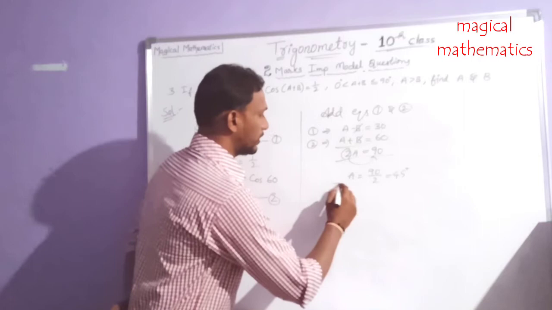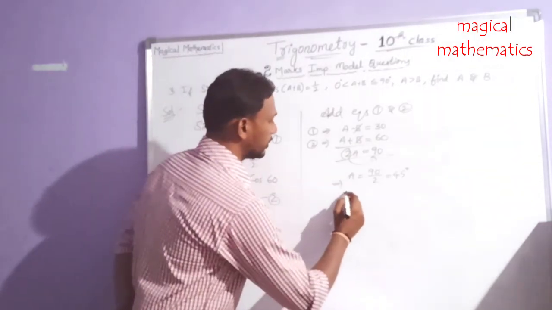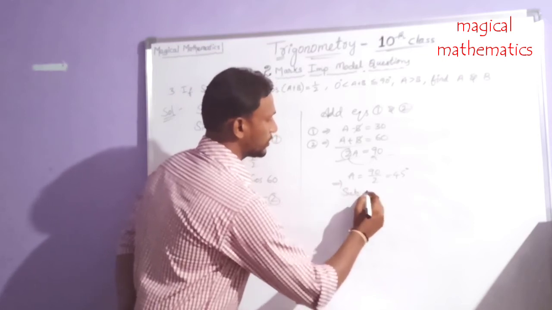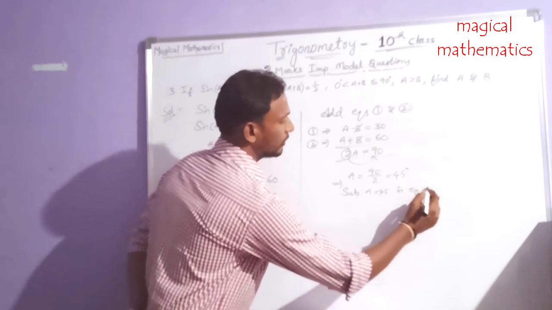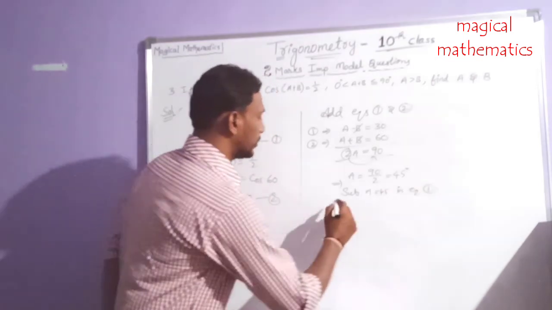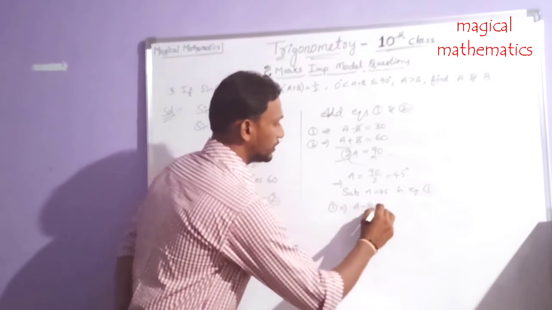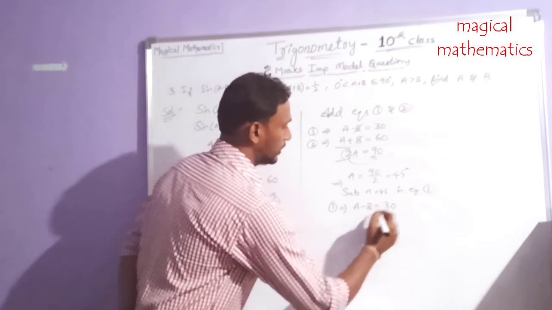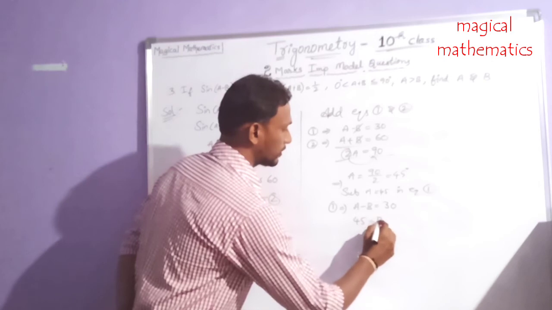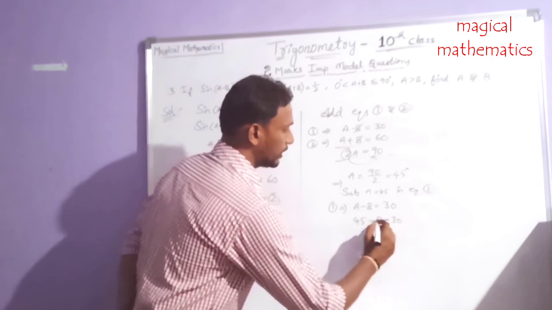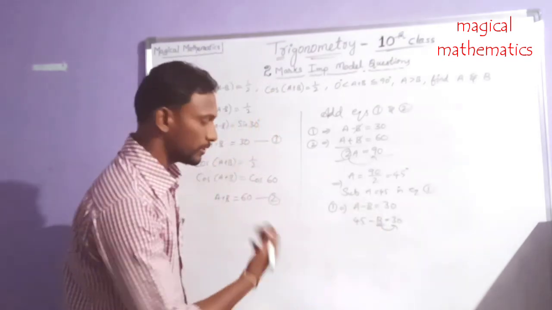So this A value we substitute in equation 1 or 2. I am substituting A is equal to 45 in equation 1. Equation 1 is A minus B is equal to 30. So A value we got 45 minus B is equal to 30. So I am transposing B to the right and 30 to the left.